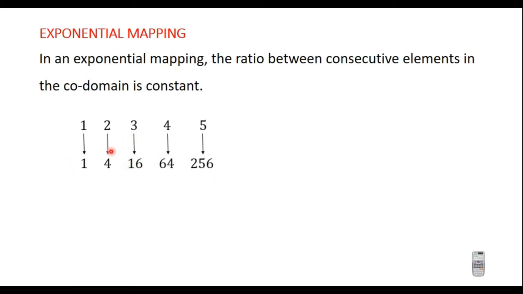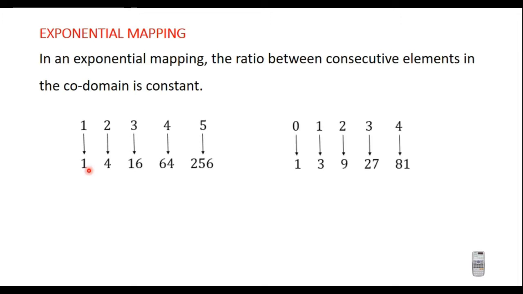For linear mappings, consecutive elements in the domain and codomain must give the same difference. For exponential mapping, our focus is on the ratio of consecutive elements in the codomain. So the ratio between consecutive elements in the codomain must be constant.